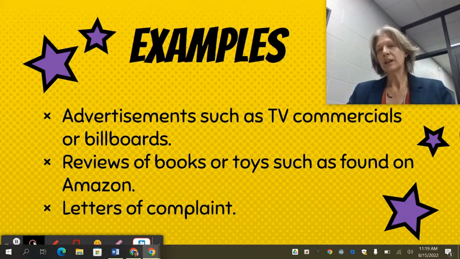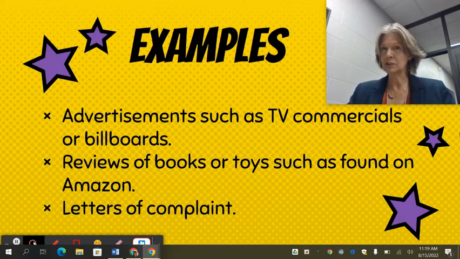And finally, letters of complaint, where you're trying to persuade someone to do something differently. For instance, you might write a letter of complaint to your principal about the length of your recess time, and you're trying to persuade your principal to make your recess time longer. So, those are examples of persuasive types of writing.